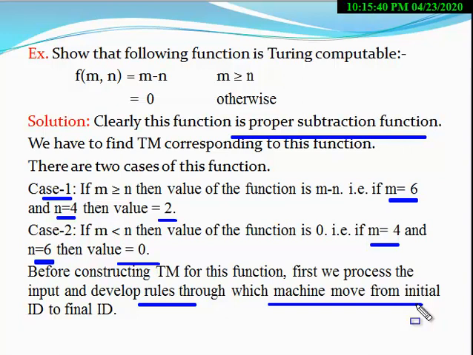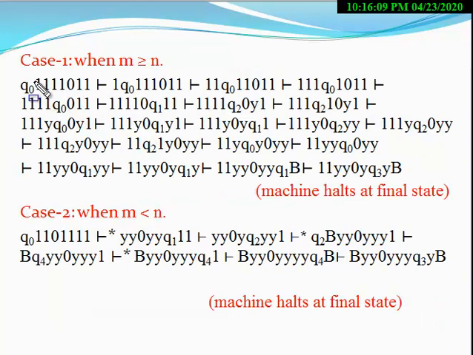How can the machine move from the initial ID to the final ID? Now we study the first case, case number 1, when m is greater than or equal to n. Here we consider the initial ID. Concentrate on the initial ID, and consider Q0 as the initial state.